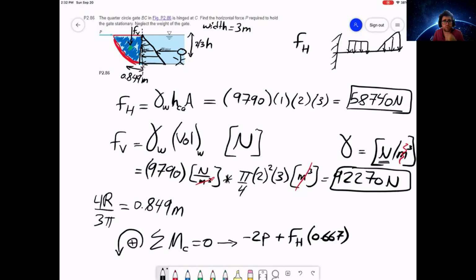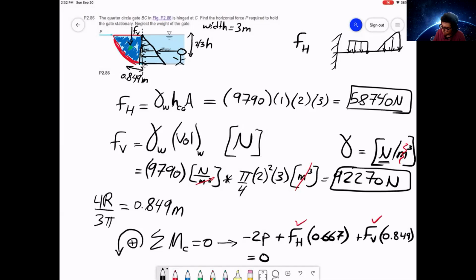What about FV? Should we add or subtract for that one? Add. So FV times, I think we calculated the value, 0.849. And you equate this to 0, and we basically know this one, and we know that one.